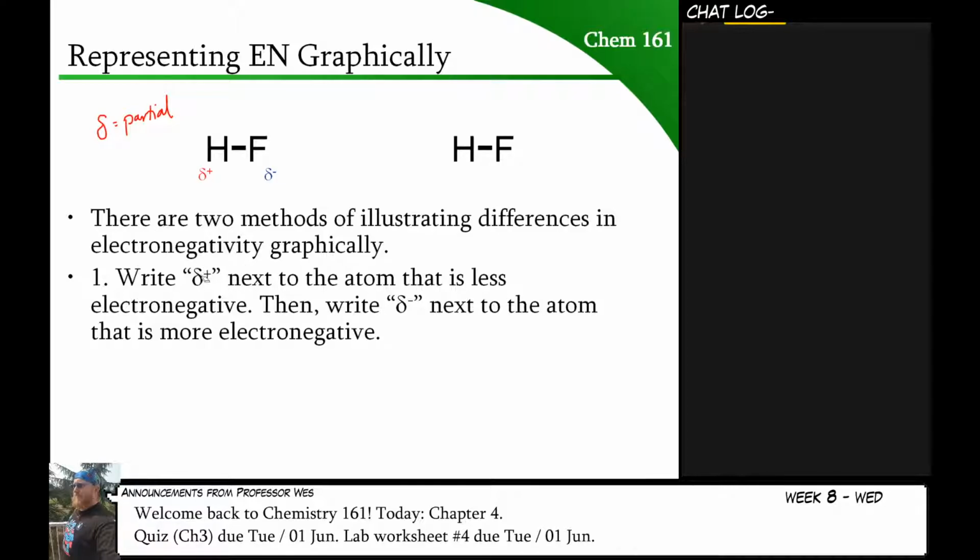The end result is that we take the delta plus symbol and put it on the element that's less electronegative. In this case, that's hydrogen. The delta minus symbol goes next to the more electronegative atom, and that's fluorine. You can do that along a bond, or for an entire molecule.